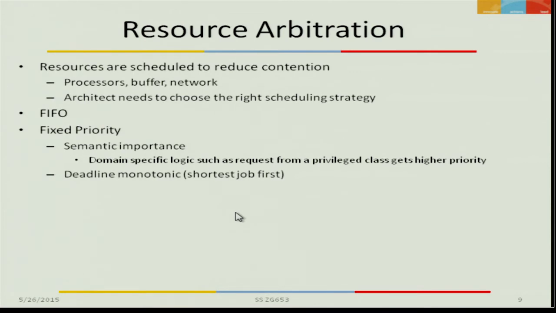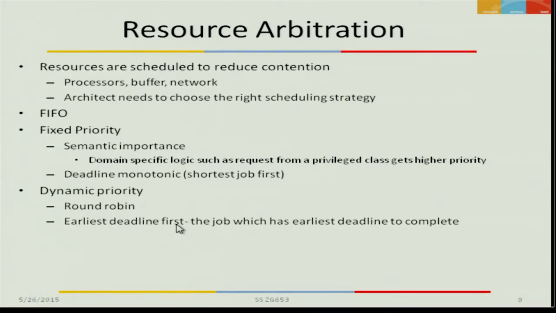In the fixed priority case, one can use domain specific logic, such as a request from a privileged class can get a higher priority compared to some other class of requests which get lower priority. So this could be a fixed priority. There could be another technique called deadline monotonic, where the shortest job can be executed first.